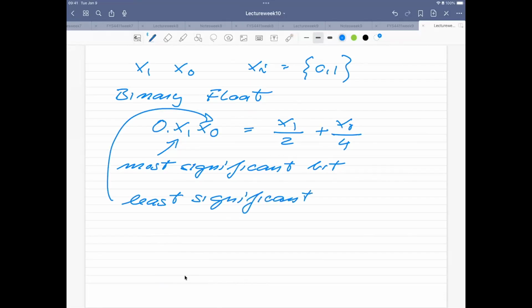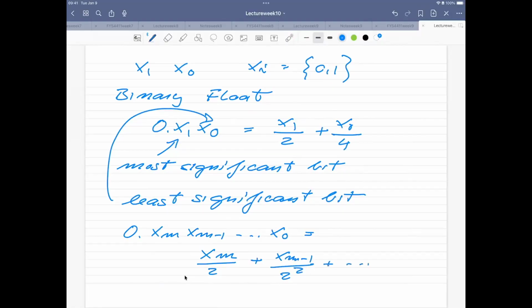So in general, the general equation, if you now have xm and xm minus 1, and this goes all the way down to x0, this is something which you would write as xm divided by 2 plus xm minus 1 divided by 2 to the power of 2, and then plus x0 divided by 2 to the power of m plus 1.